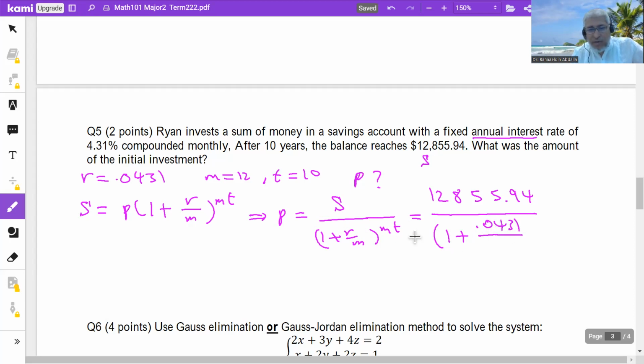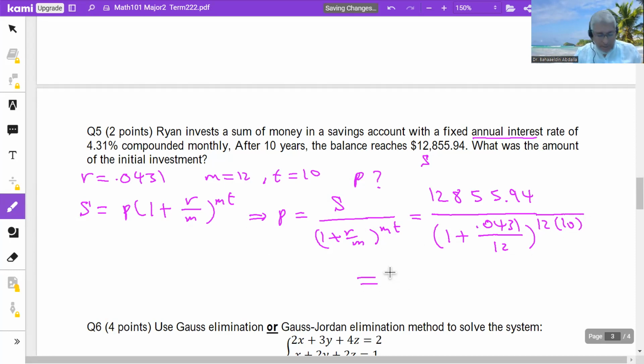0.0431 divided by M, number of periods per year, times T, number of years, which is 10. So replace T by 10 and use your calculator to find the answer.